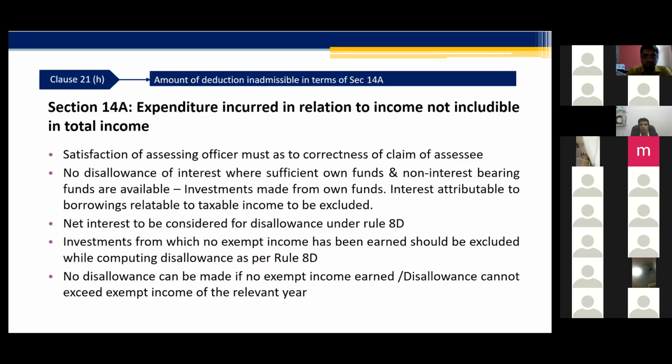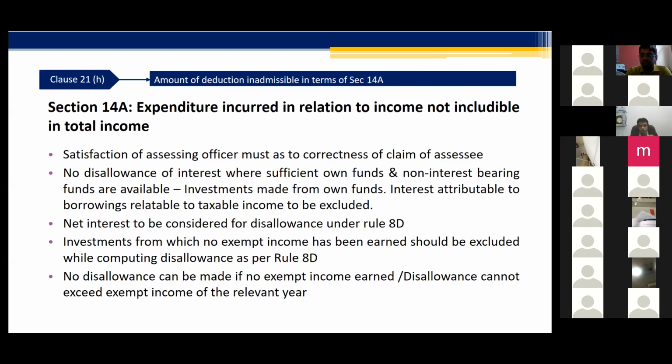Then there is the amount of deduction disallowed in terms of section 14A. Section 14A deals with expenditure incurred in relation to income not included in total income. So if there is an expenditure incurred in relation to income not included in total income, you have to report that.